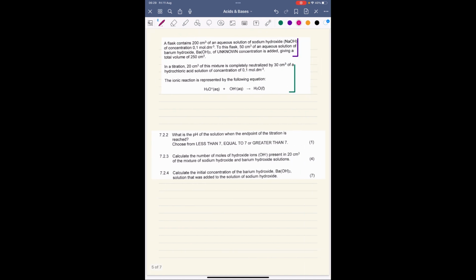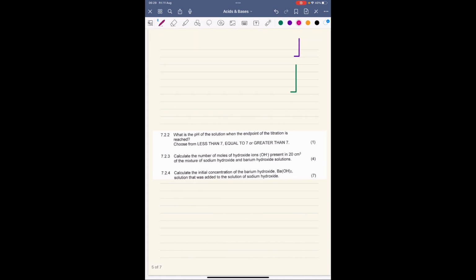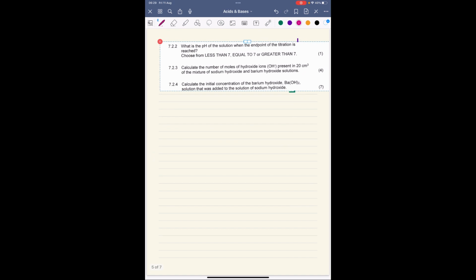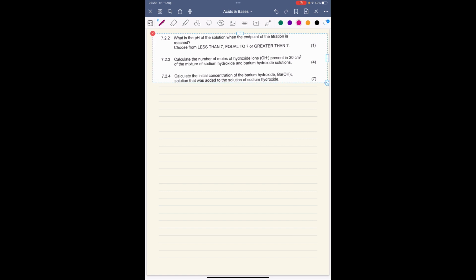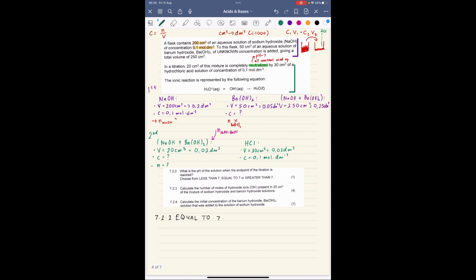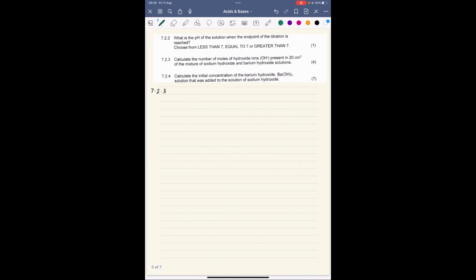So let's start solving now. Let me delete this. Put this up here. So if they are talking about this second equation here, we're going to deal with the second equation. So to do this, and this is for question 7.2.3, we are going to, as I said before, use our HCl to find the moles of HCl. So we're going to say C is equal to n over V, and this is for HCl.